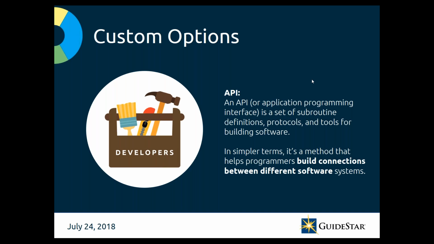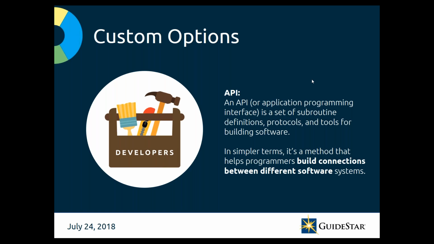Some are more exposed than others, but it really means that if I look at a donor's record and it says first name, I would be able to use an API to either pull that data out and look at it in a report, or push that into another system like Constant Contact.